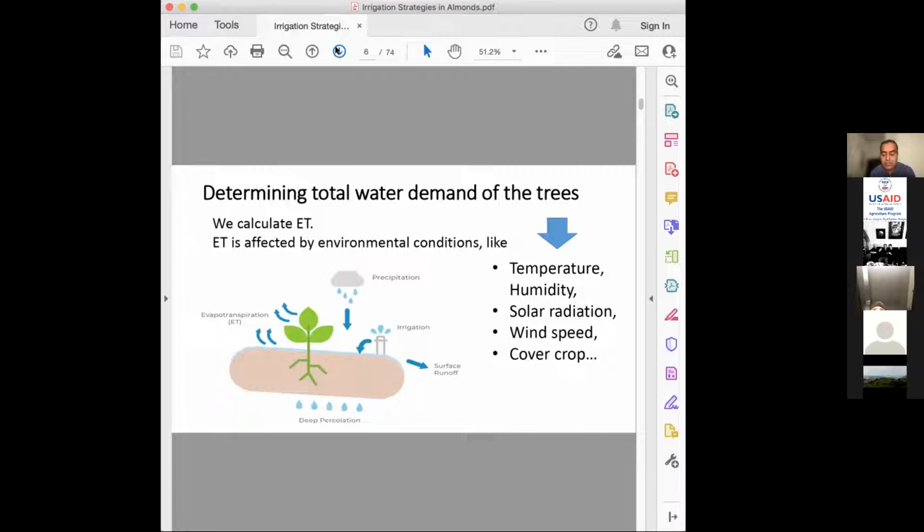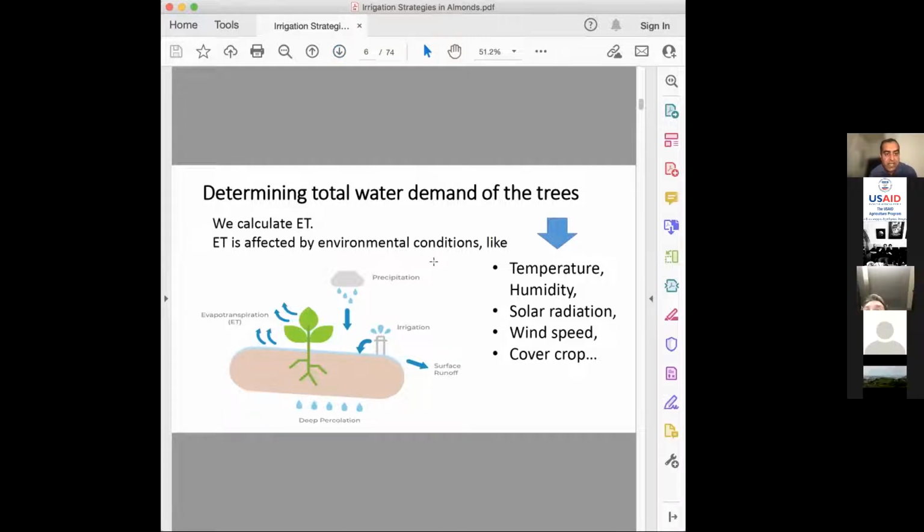One is the evapotranspiration from a reference crop, like a grass-based ecosystem. That part of the equation is usually supplied by the weather stations. Another part of that equation is the crop coefficient. I will go into the details of that in the next slide.